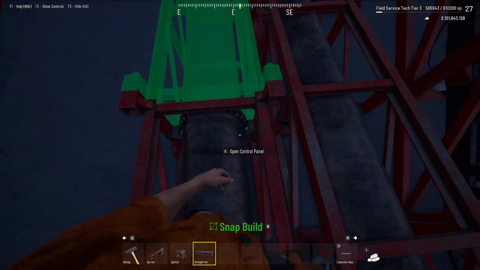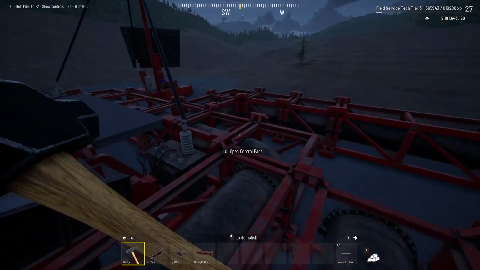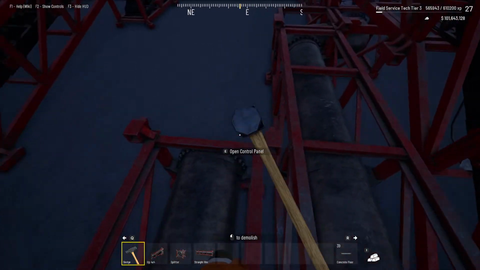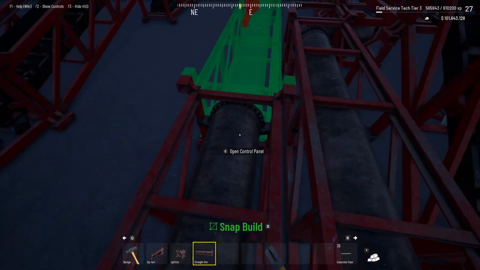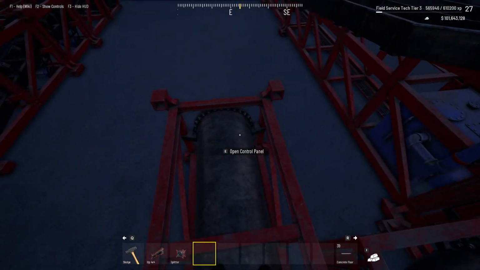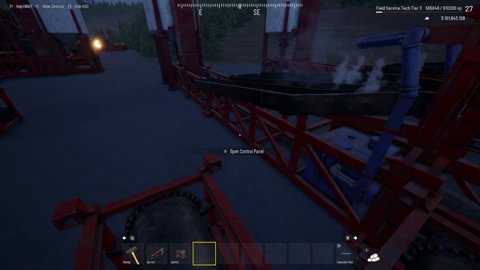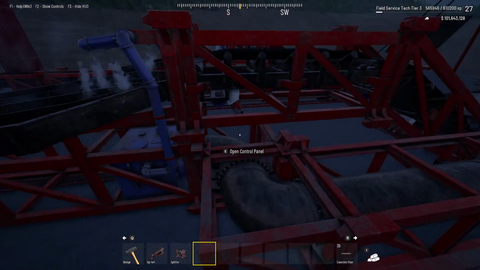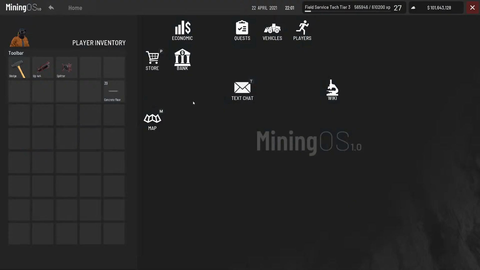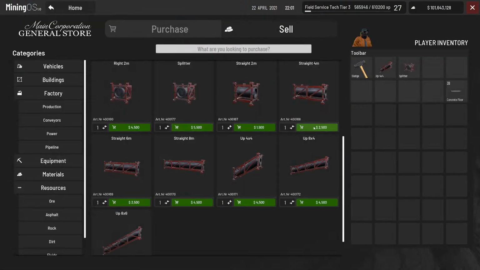Okay. So it's going to be 1, 2, 3, 4, 5, 6, 7, 8, 9, 10, 11, 12, 13, 14, 15, 16, 17. Actually, it's going to end up being 19, but that's fine.